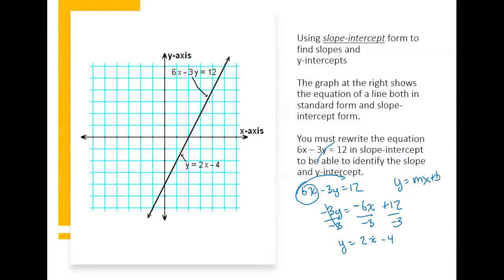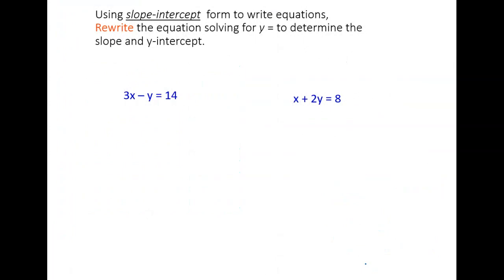So now we have it in y equals mx plus b form, and we're done. So now I can say that my slope is 2, and my y-intercept, or my b, is -4. So it requires algebra to rearrange to solve for m and b if you don't have the answers. So we'll do a couple more.